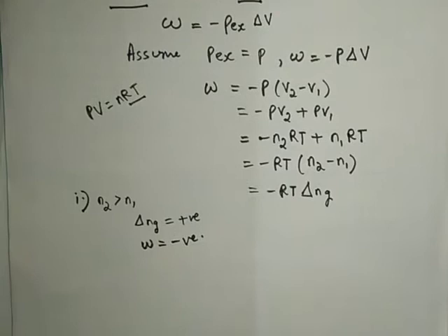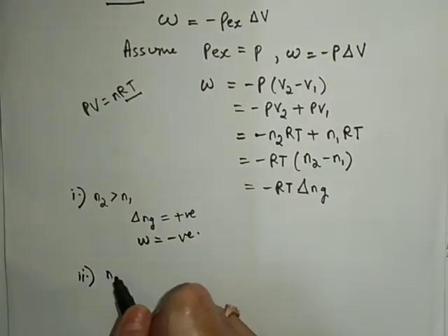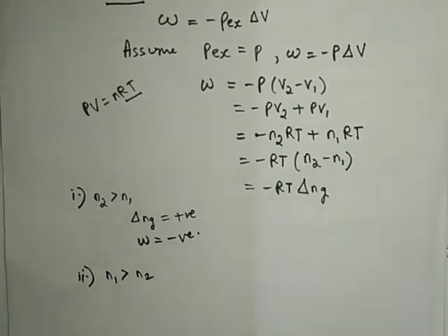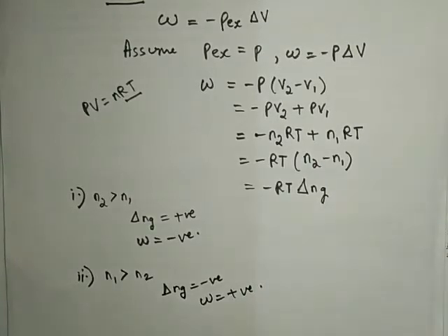Next case is the opposite: n1 is greater than n2. Then delta ng will be negative, and if delta ng is negative, work will be positive, and we say work is done on the system by the surroundings.